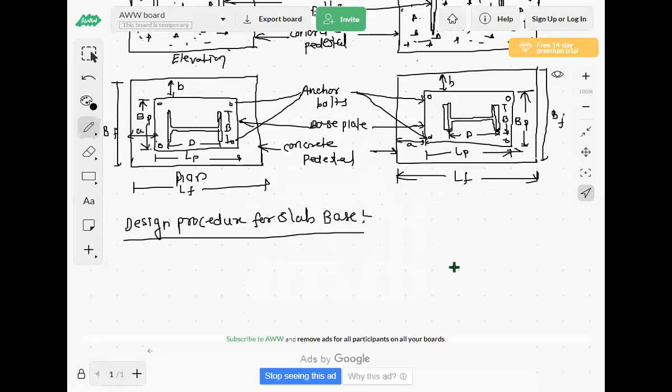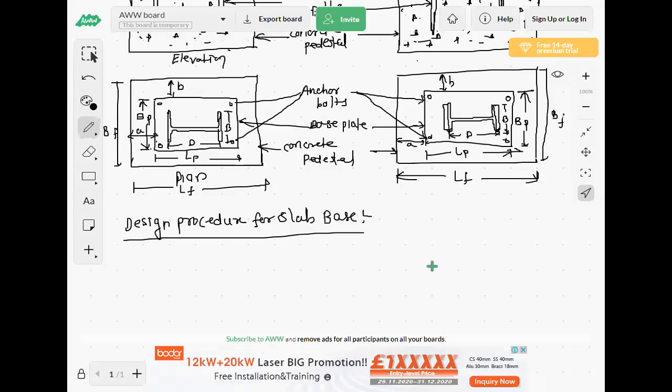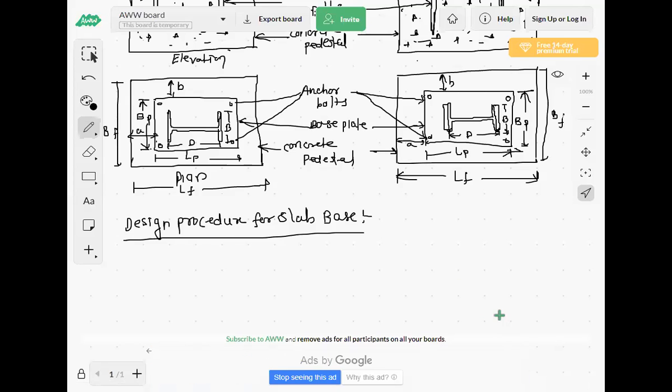Actually, my laptop has some problem. The fan is ringing, that's why I think noise is coming. Is it a small noise or a big noise? There is no outside disturbance from my side. The disturbance is from my laptop, the fan is ringing. Okay.